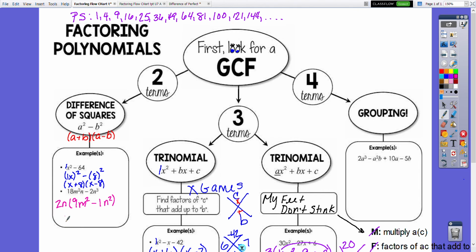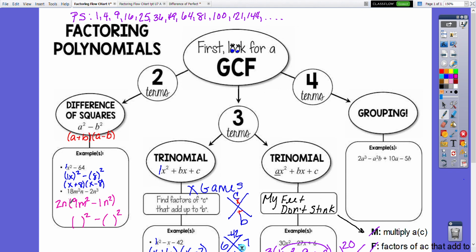Now we forget about the 2n and we only worry about our inside. Is 9m squared a perfect square? Is 1n squared a perfect square? Well, both 9 and 1 are on my list, and I have both even exponents, so yes, I've got a difference of squares here. So now what am I filling in?